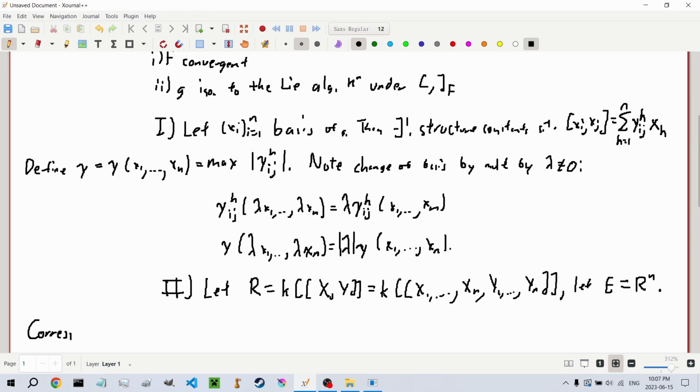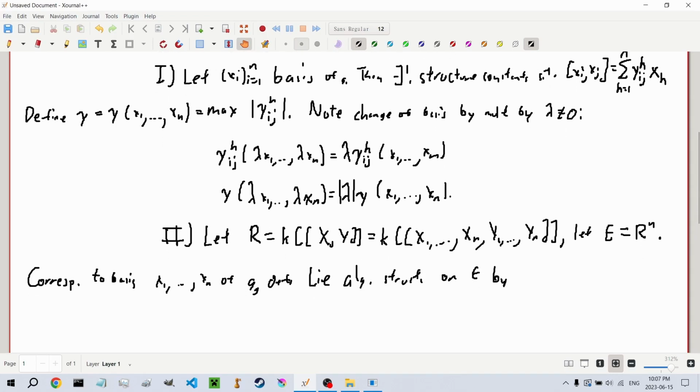Then corresponding to the basis x1 through xn of G, we define a Lie algebra structure on E by the bracket of some f_i and some g_j. Of course, we don't need these indices to match up.